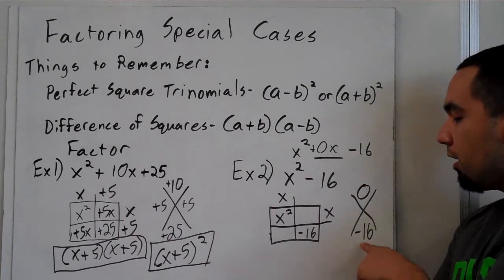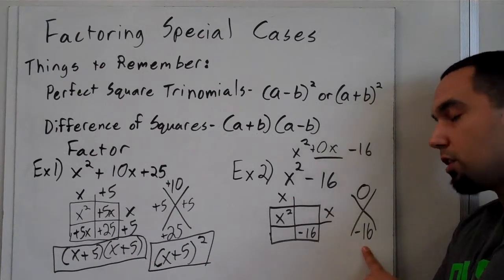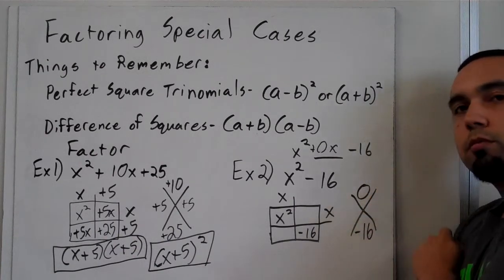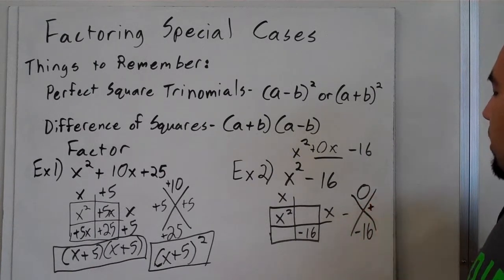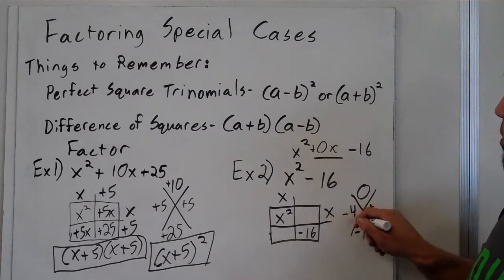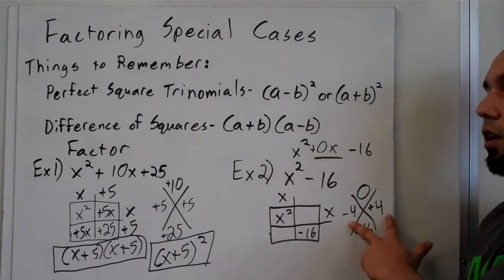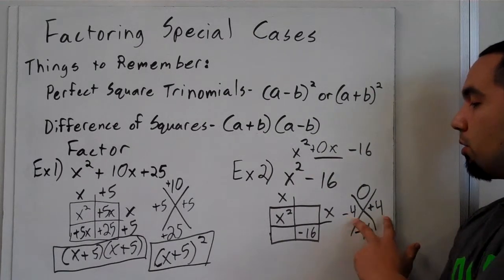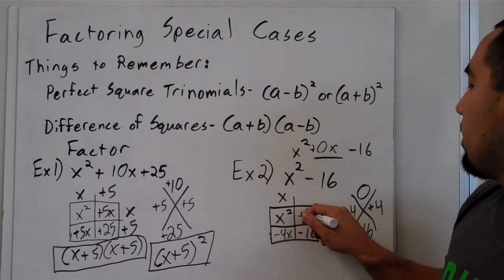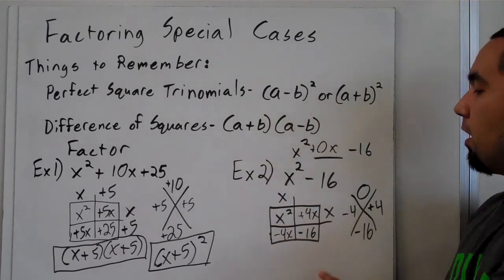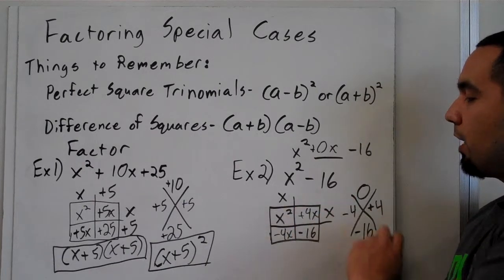So I need to be thinking of two numbers that multiply to negative 16 that add up to 0. And the only way I'm going to get that is if I have a negative and a positive, and they're the same exact number, 4 and 4. Okay? So negative 4x here, positive 4x there, and my two numbers should be opposites of each other.